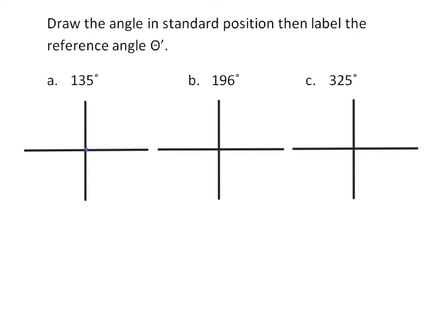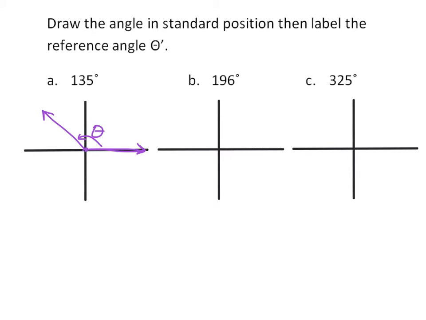Start with a point on the vertex, a ray on the positive x-axis. We talked about 135 degrees in previous lessons. Let's remind ourselves again, 90, 180, halfway between 90 and 180 is actually 135. So we'll go ahead and use that right there. That is theta.